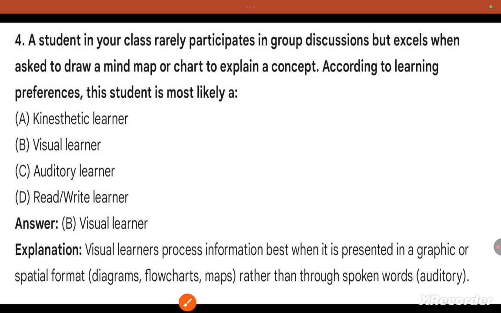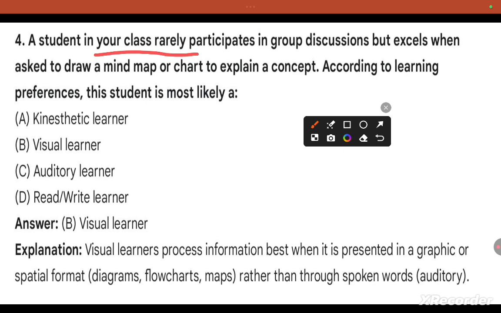Coming to the fourth question. A student in your class rarely participates in group discussions but excels when asked to draw a mind map or chart to explain a concept.